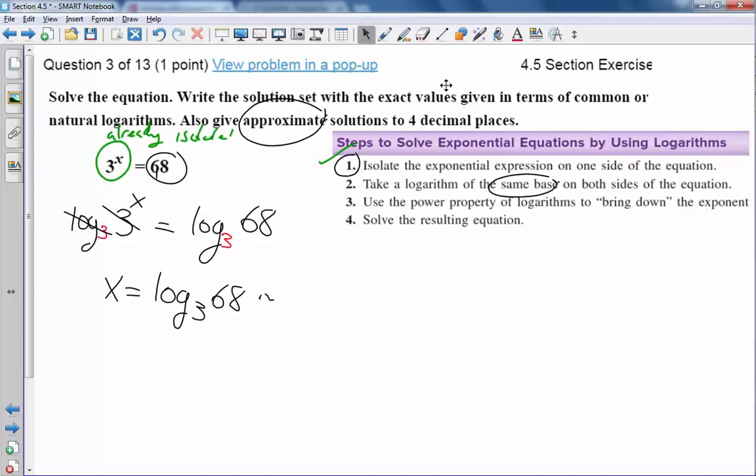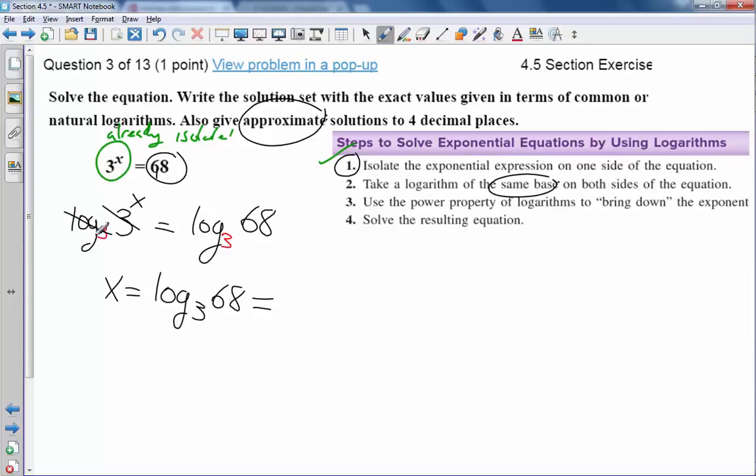Well, we have a problem. I don't know how to compute this with a calculator, because my calculator doesn't have a base 3 option. Yours does, I know, but not mine. So what can I do? log 68 divided by log 3. Right, we go with change of base.